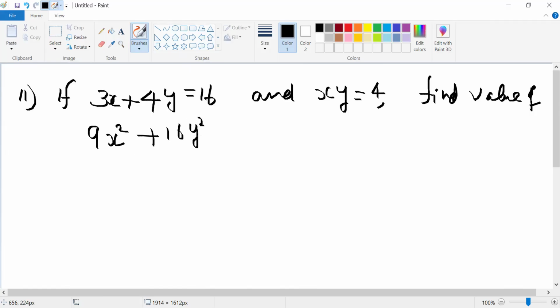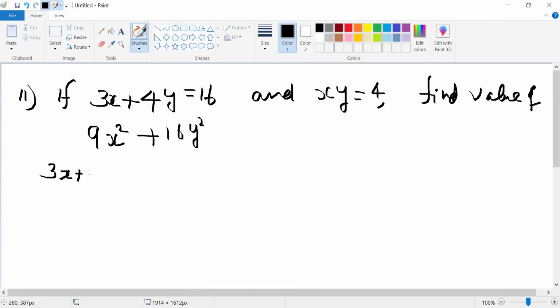So this 9 and 16, is anything connected with the 3 and 4? Very much connected, right? 3x whole square is 9x square. 4y whole square is 16y square. The connection is there.